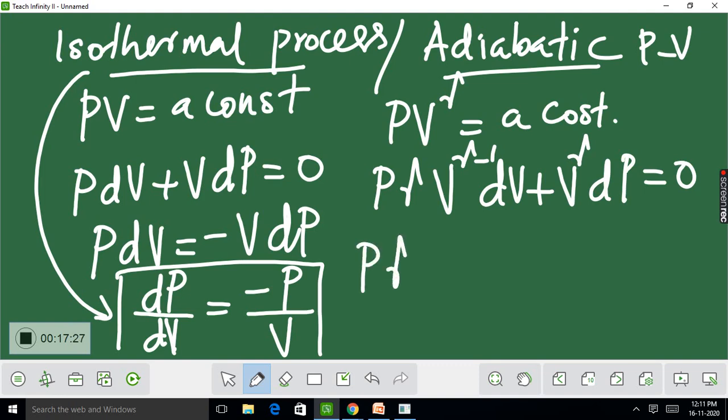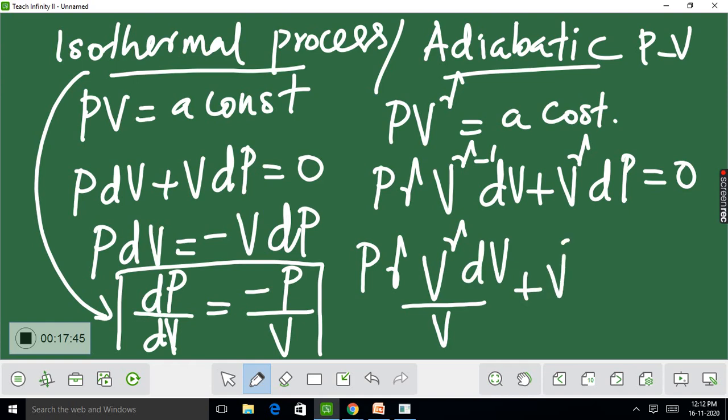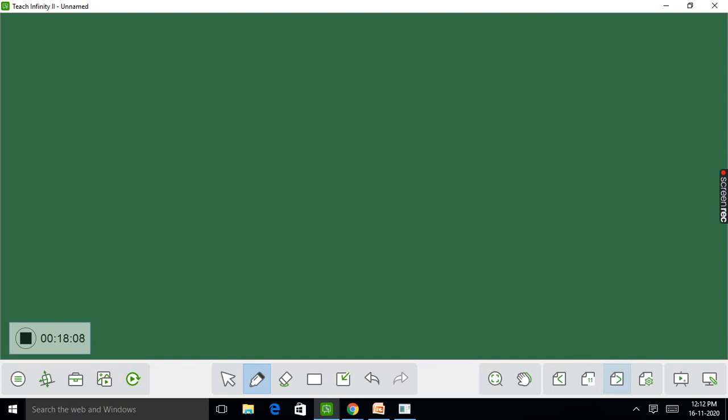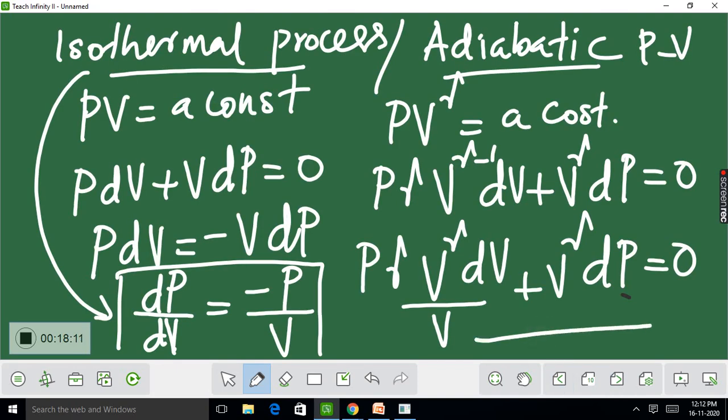This can be written as P into gamma into V raised to gamma divided by V dV plus V raised to gamma dP equal to 0, since V raised to gamma minus 1 is equal to V raised to gamma divided by V. In this equation, V raised to gamma is a common factor, so it can be taken out.